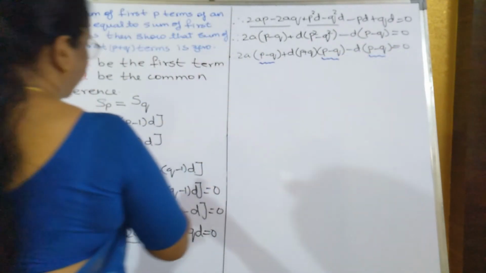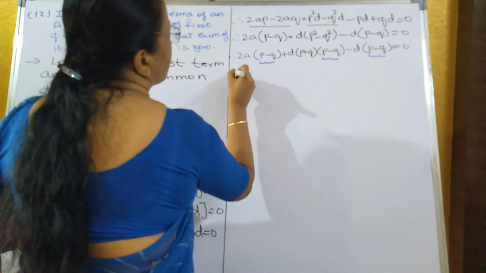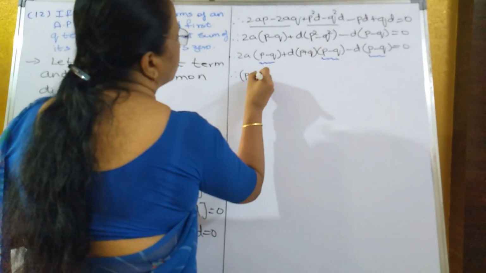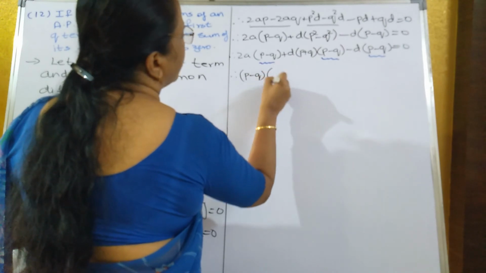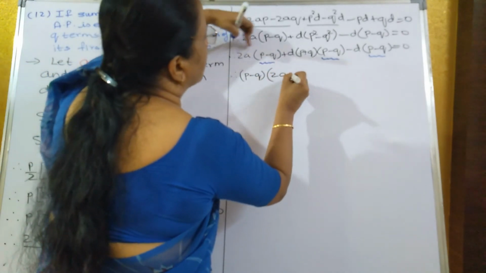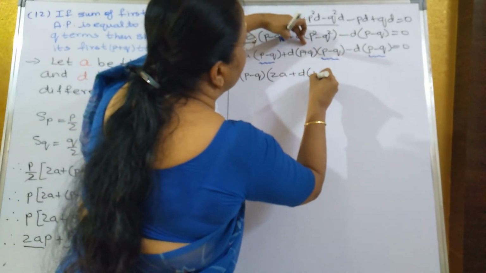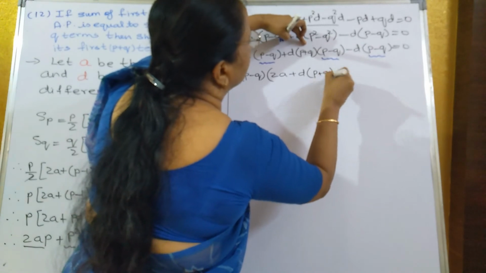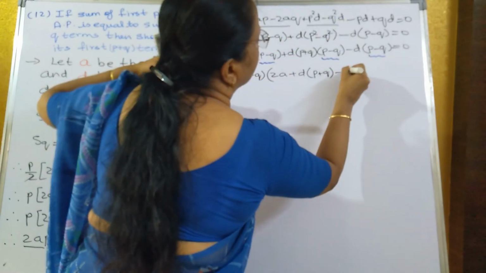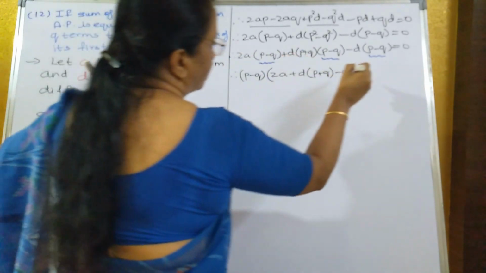So take that outside. Therefore P minus Q, which is common, I have taken outside, and what is left? 2A plus D into P plus Q minus D. Rest all the blue one I have taken common, so that is equal to 0.